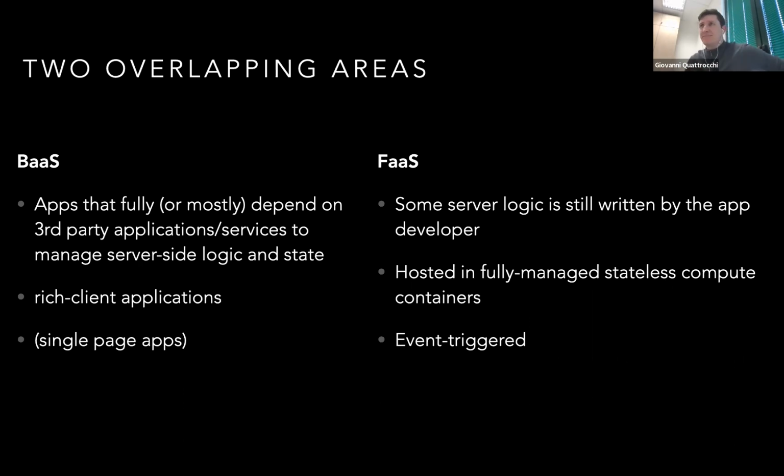And then you have FaaS, where the server logic is written by the app developer. It's a completely hosted service, and usually it's event triggered. Of course, these are not two isolated parts, but there is a lot of overlapping. Usually, nowadays, an application is composed of some FaaS and some BaaS.